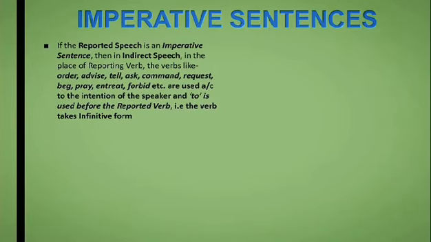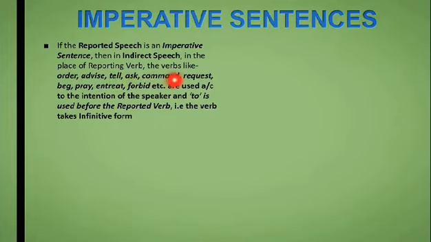So let's see that. The first rule regarding imperative sentences is that if the reported speech is an imperative sentence, then in indirect speech, in the place of the reporting verb, I hope you understand what we mean by reporting verb, right?